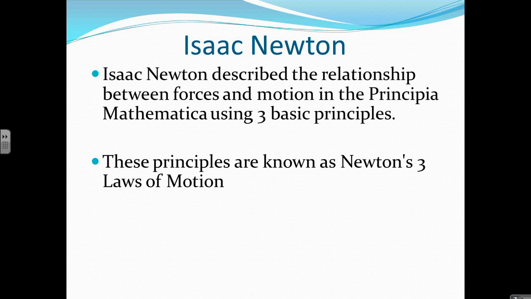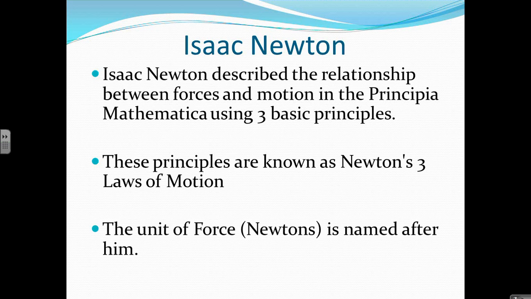These 3 principles are known as Newton's 3 laws of motion, and they form the cornerstone not only of this unit, but of further units that we'll be studying. The unit of force is named after Newton. So when we quantify the push or pull that's being applied to an object, we use the units of Newtons to quantify that.